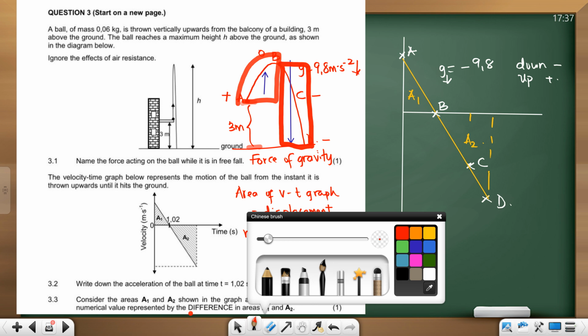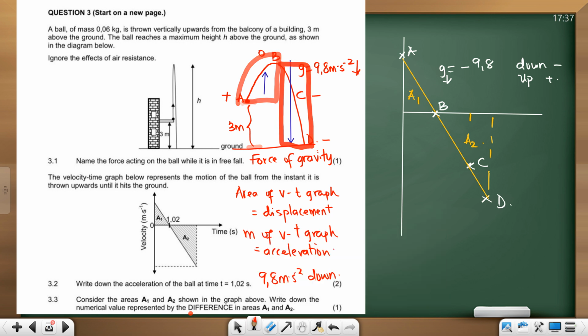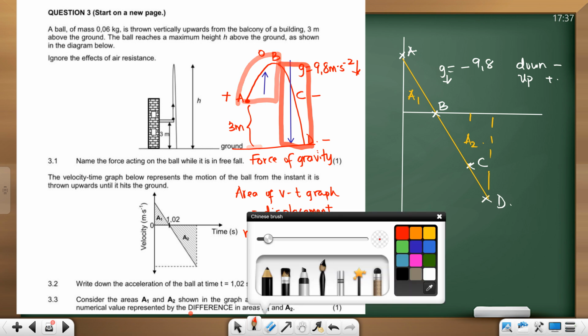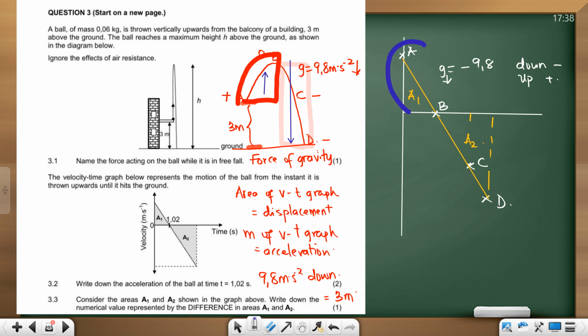Let me know if that makes sense. By using the graph, let me explain again quickly. They said between A1 and A2. A1 is AB, the maximum height. What about A2? A2 is BD. Can you see that whole area? What is the difference? The difference is AD, which is 3 meters.